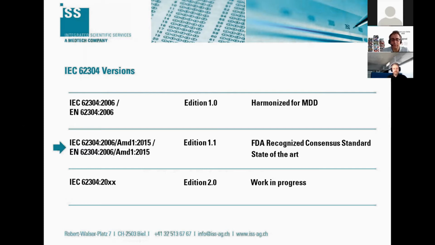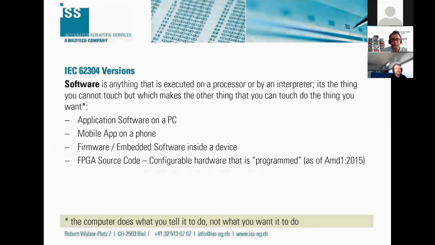So for us, we just take the state of the art, the edition 1.1. There's a new one that's being worked on, but it's been worked on for quite a while, so it's not yet relevant.